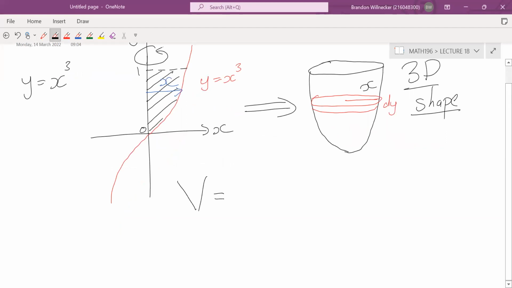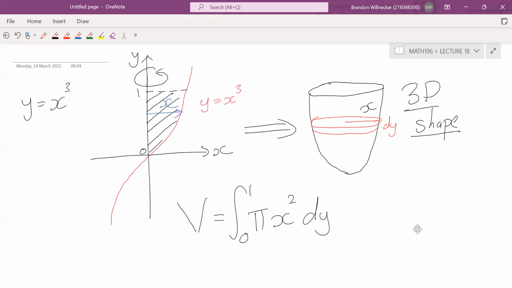The volume is going to be the integral from 0 to 1 of pi x squared dy, because the radius is x, so the little volume of the slice will be pi x squared dy. But again, we've got this problem. The integral is in terms of y, but we've got an x variable.